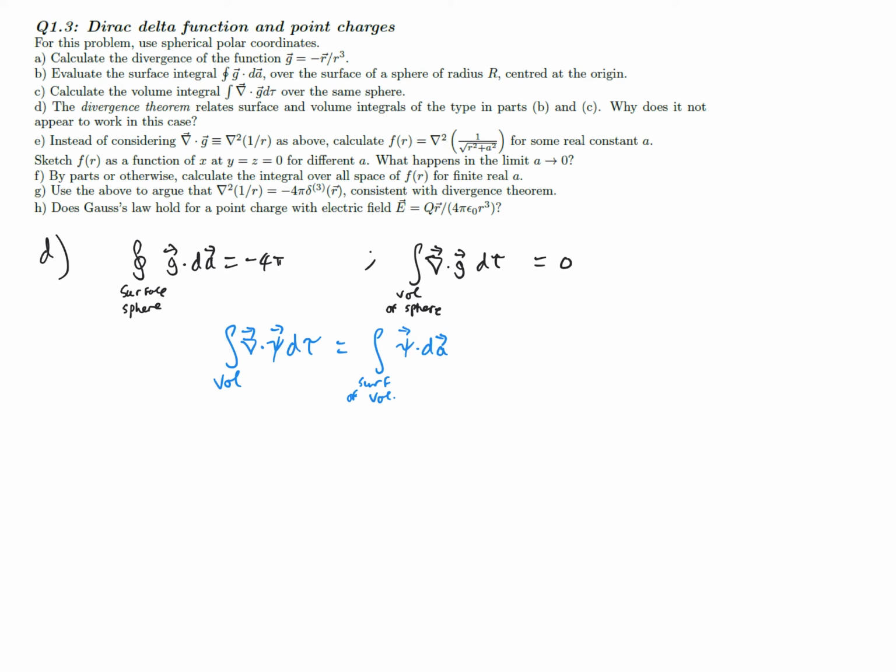And this is exactly what we have in part D. We have this particular function g, and we find that the surface integral on the sphere is minus 4 pi, but the volume integral of the divergence of g is apparently equal to 0. So there is some mystery here. Part D asks, why does it not appear to work? The reason is that there's a problem with calculating the divergence of the function at r equals 0.